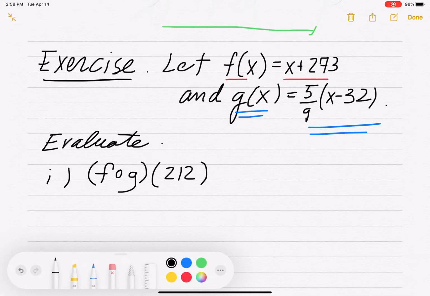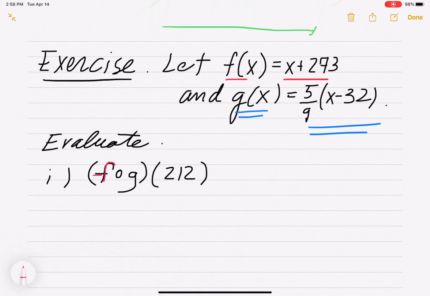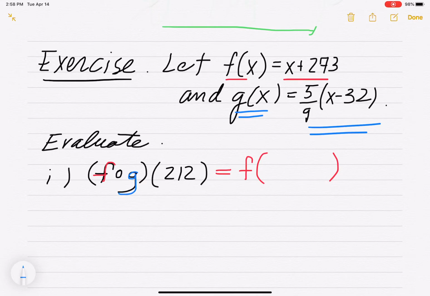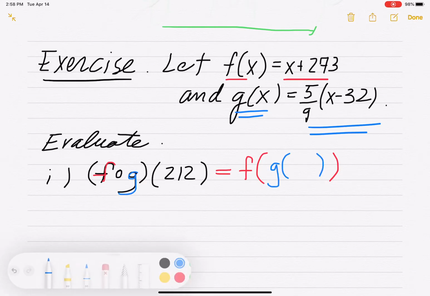All right, so how does this work? So you got a red function. So you're going to write red f first. So the function first was f, so we're going to leave f on the outside. And then g comes second, so that's going to go on the inside. G of, and then you have 212. 212 is the input.